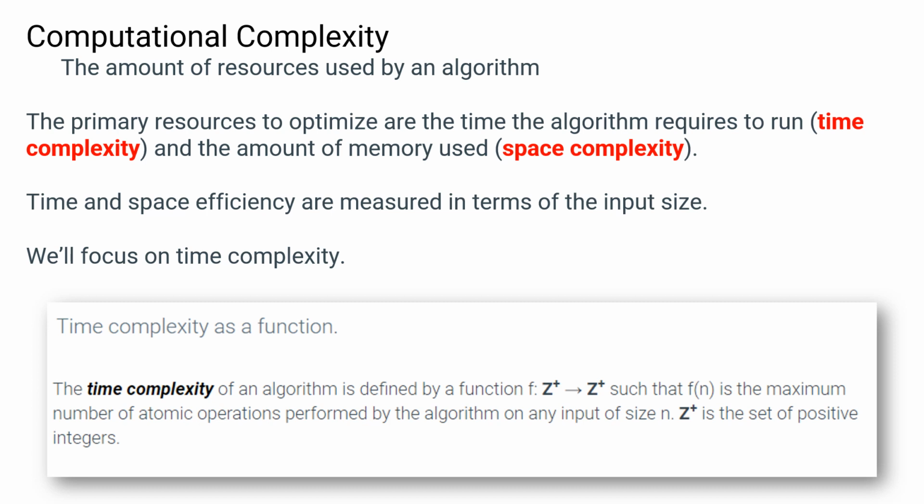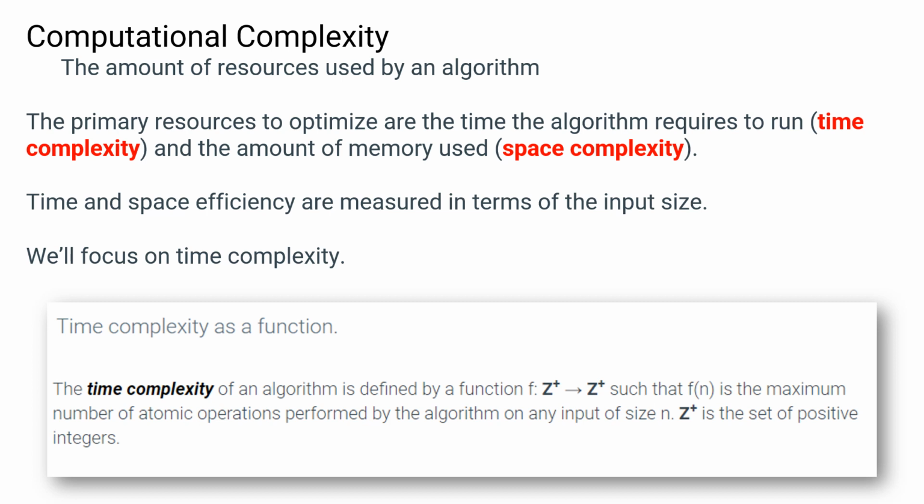First of all, we're going to learn how to come up with a time complexity for a given algorithm, and we're going to call it the time complexity function. We'll be looking at an algorithm and coming up with a function that describes the time complexity. So here's what this says. The time complexity of an algorithm is defined by a function.